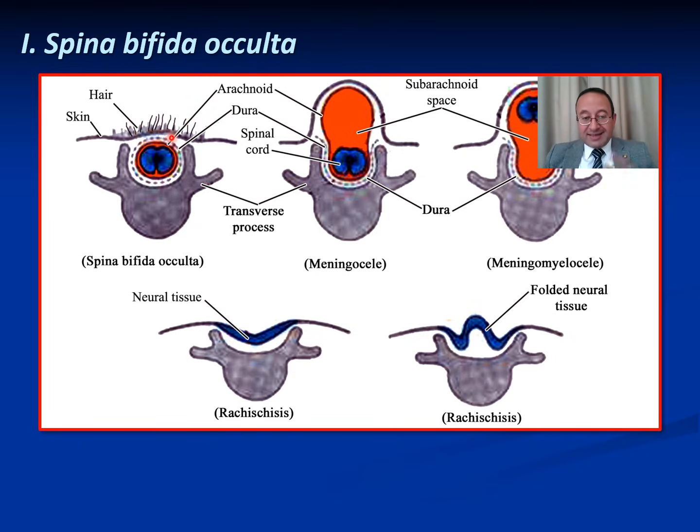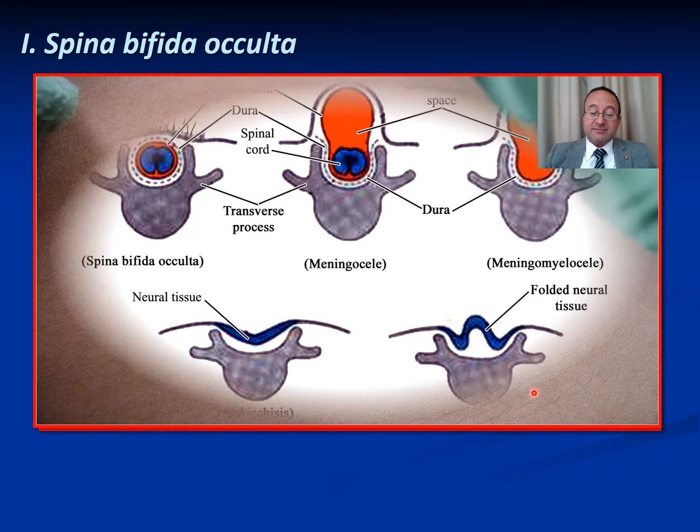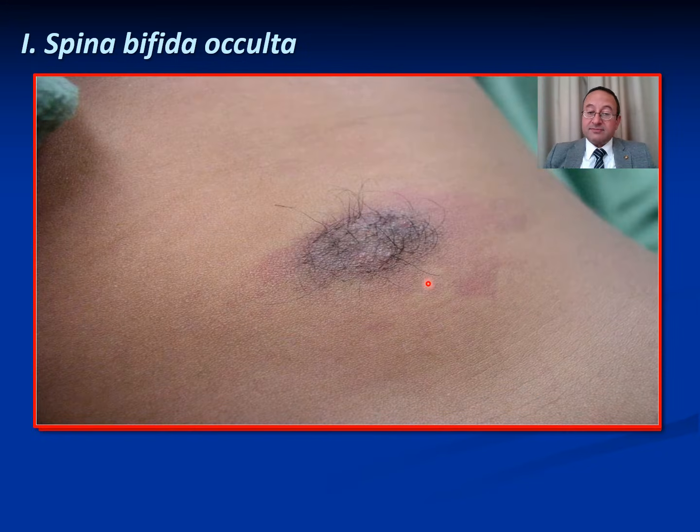Usually, this area is covered by a tuft of hair. It will be like this. This is spina bifida occulta, manifested only by a tuft of hair overlying the region of the defect.